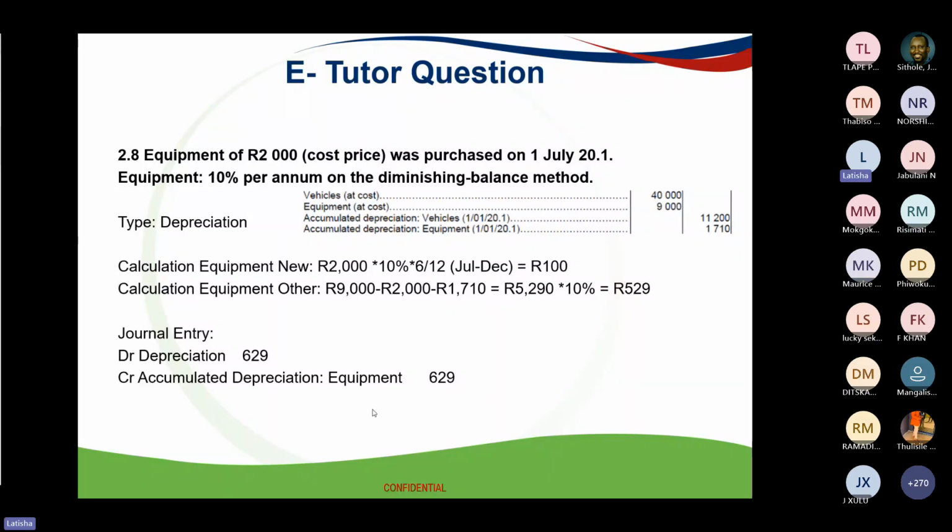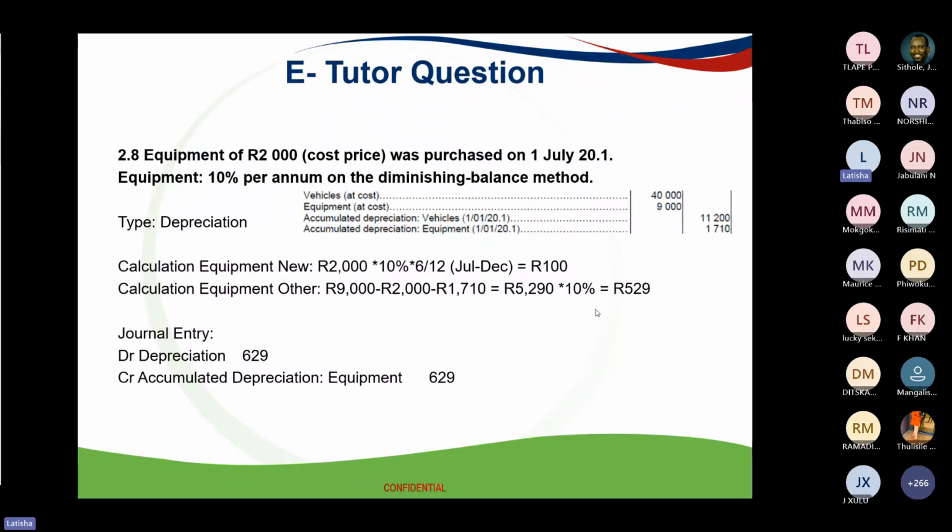Yes, I think the question was if they were not using the diminishing balance method, but rather using the straight line method. In that case, the calculation would not minus this, but you would still need to do two calculations if you bought new equipment. If there was no new equipment, on the straight line method we would just simply take 9,000 times 10%.